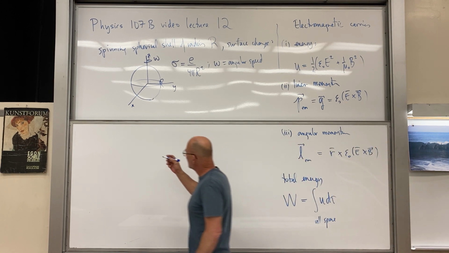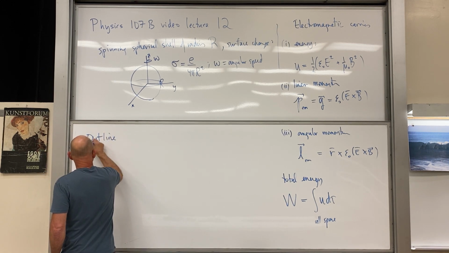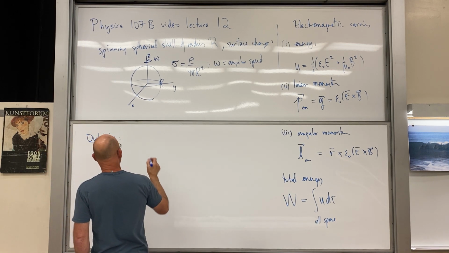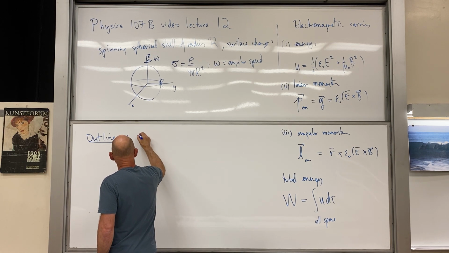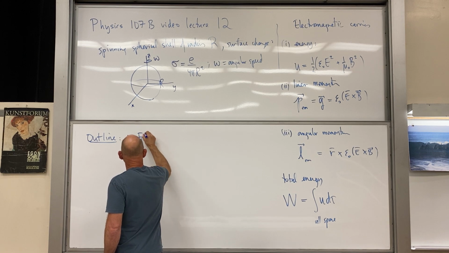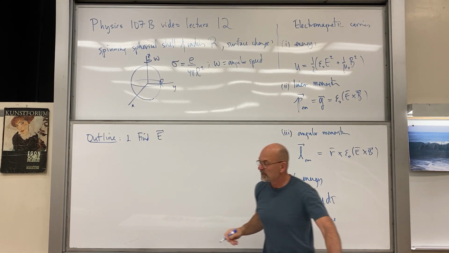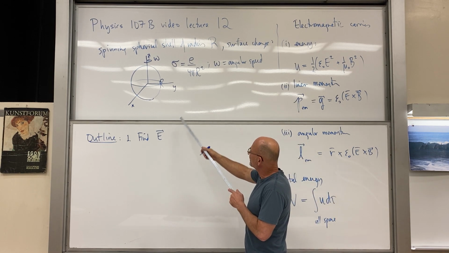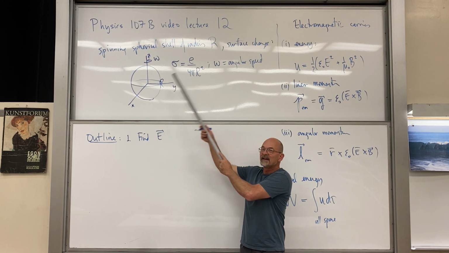So yeah, let me just outline what we are going to do so we remember. First, we're going to find E, and it's one of those situations where the electric field and the magnetic field are different inside and outside.